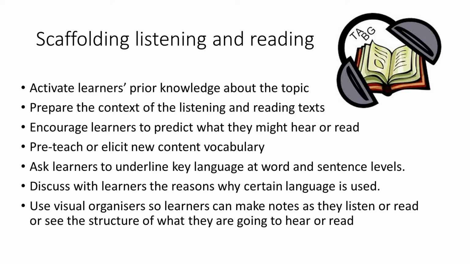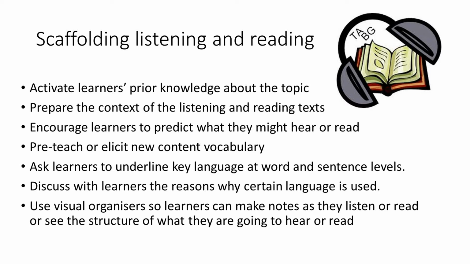The fifth strategy is to ask learners to underline key language at word and sentence levels. By word level, I mean some academic vocabulary, so you tell them to underline academic vocabulary. By sentence level, I mean matching definitions to vocabulary. And the next strategy is to discuss with learners the reasons why certain language is used.